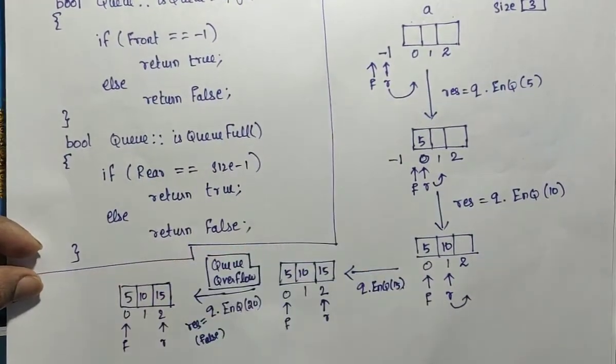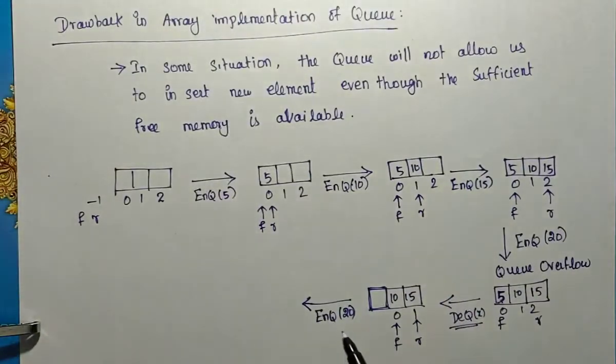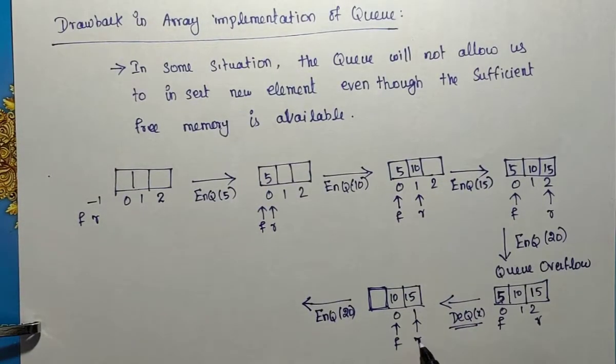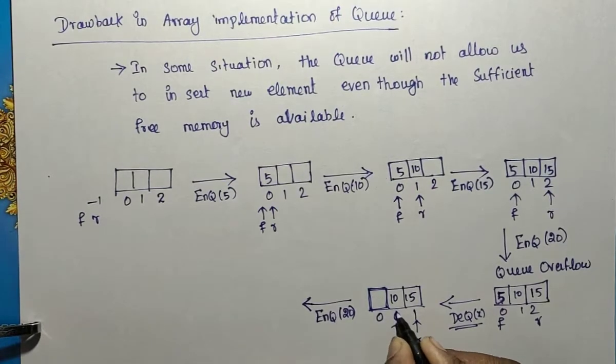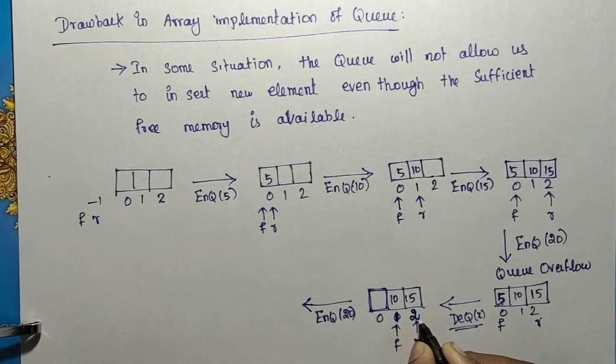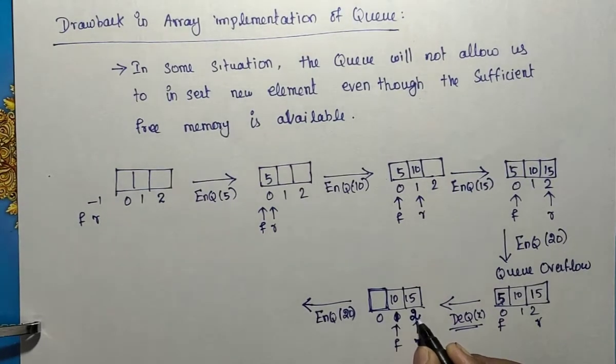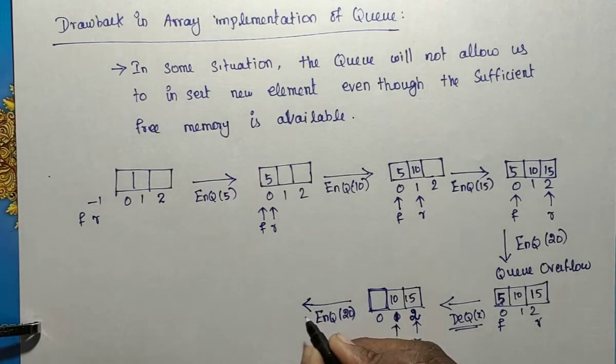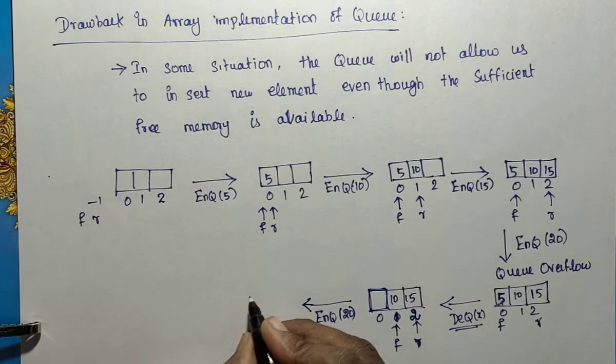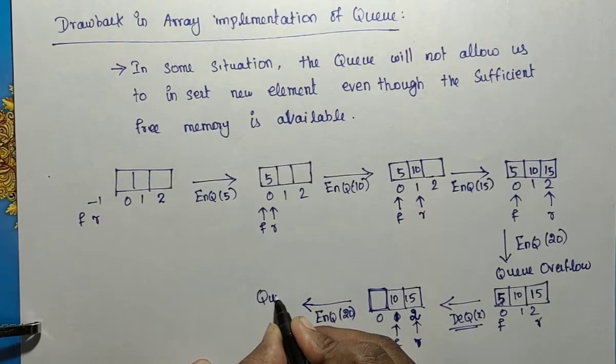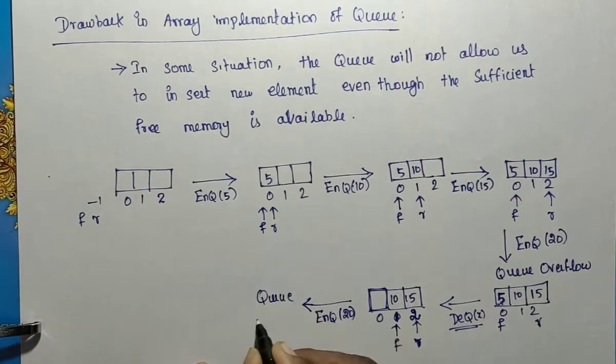Locations are 0, 1 and 2. Since the rear reached size - 1, which is 2, it will say queue overflow. So we cannot insert, and it will send the message queue overflow.